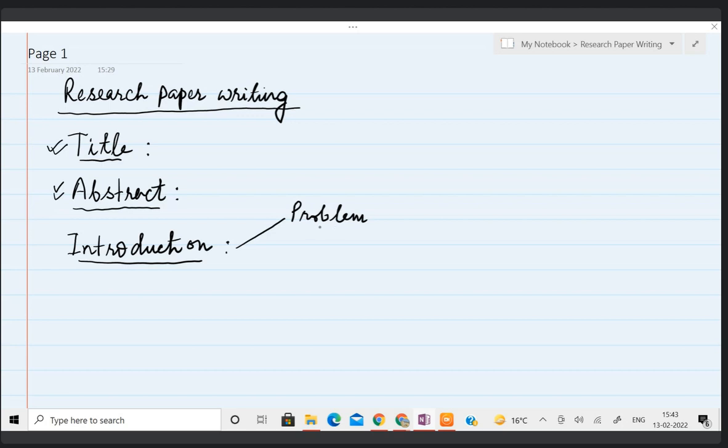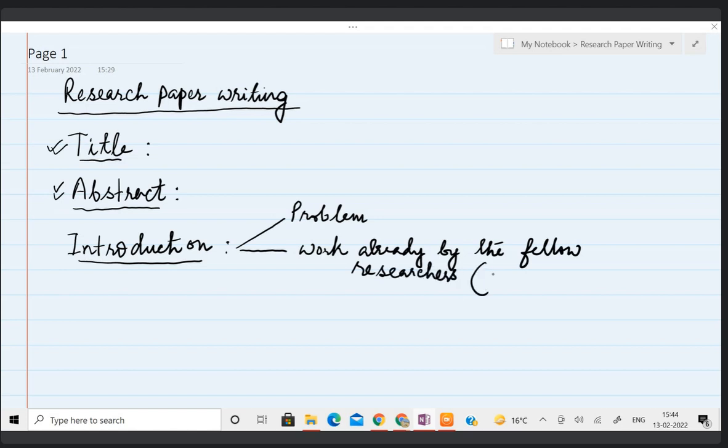The second thing that should be there in the introduction section is the work that has already been done in the area, work already done by fellow researchers. Normally this is also referred to as the literature that is already available on the problem that you are going to tackle in your work.